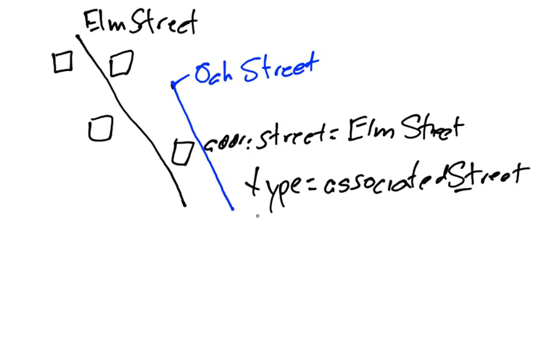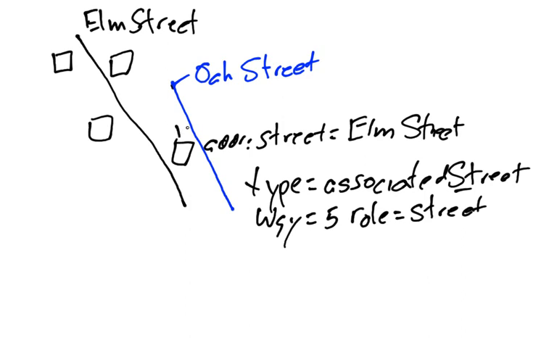In this case, our way with the name Elm Street, let's just say the ID is 5, and we just know that way 5 is Elm Street, has the role street. And this way representing the house, let's say it has ID 6, so we would say way 6, role is house. And that's all we need for the associated street relation.